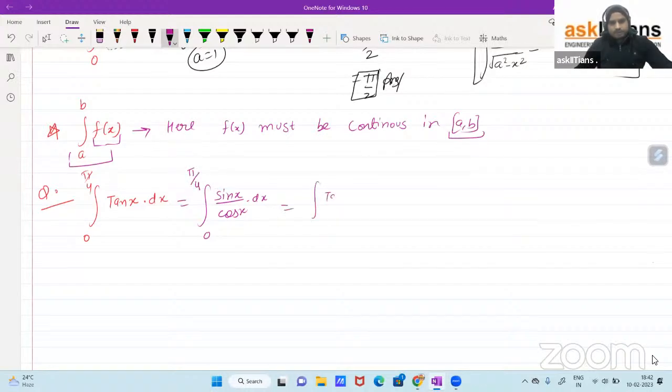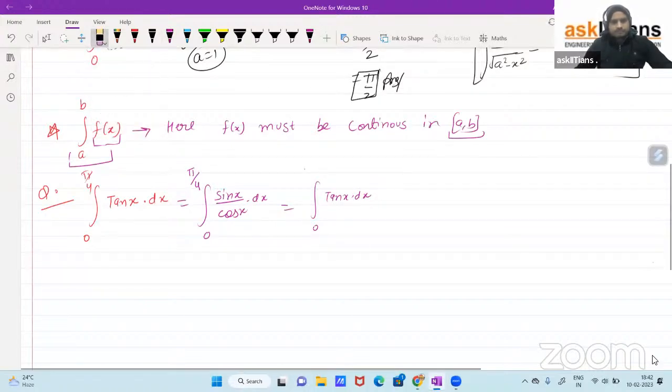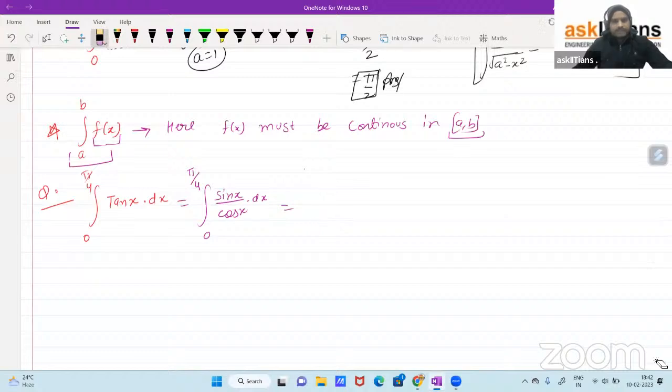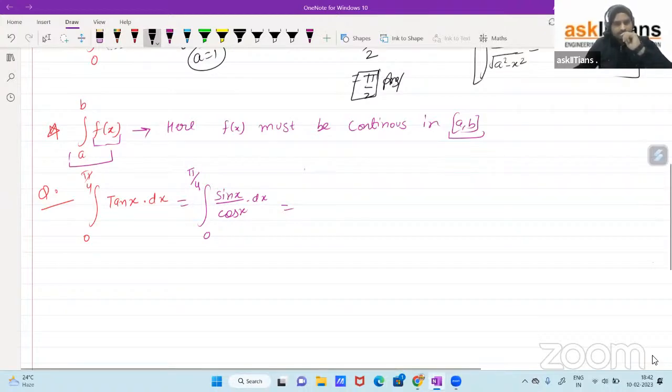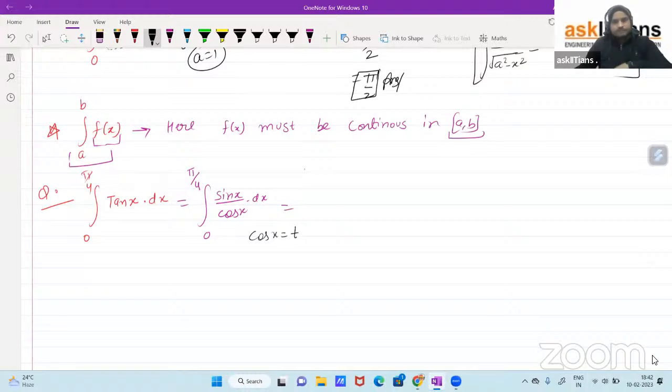So it will be tan x into dx, 0 to pi by 4. Tan x is already there. So what you can do over here is put cos x equals to t. Substitute cos x is equal to t.